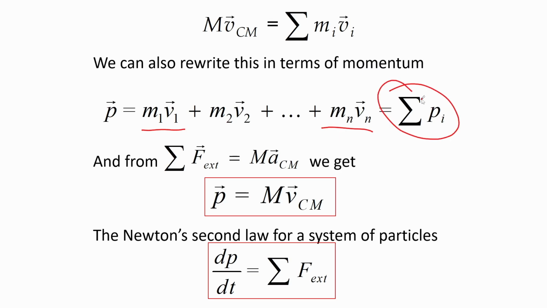From the expression, the external force is equal to mass times the acceleration of the center of mass, we can rewrite this as P equal to M vCM.